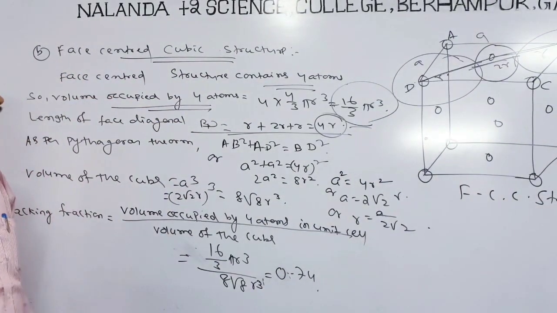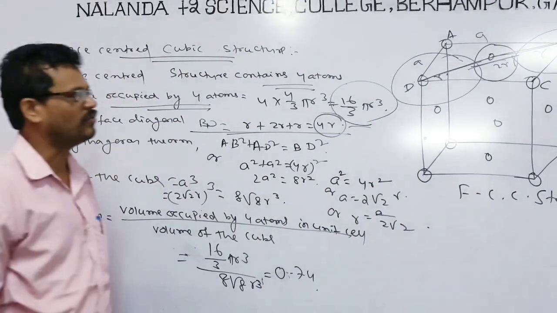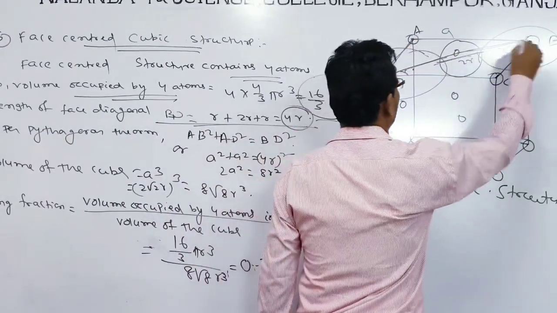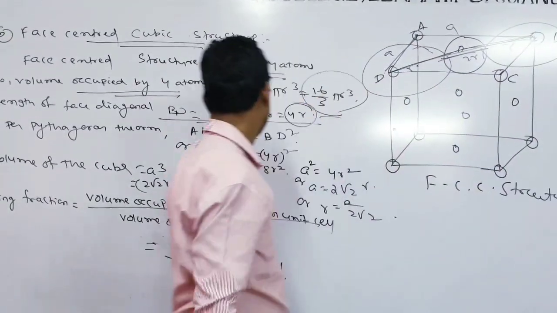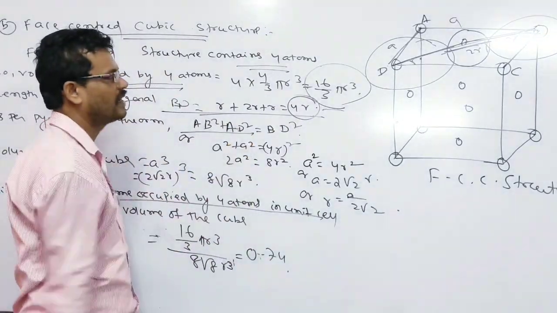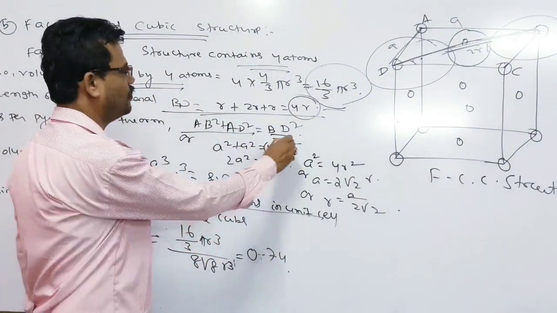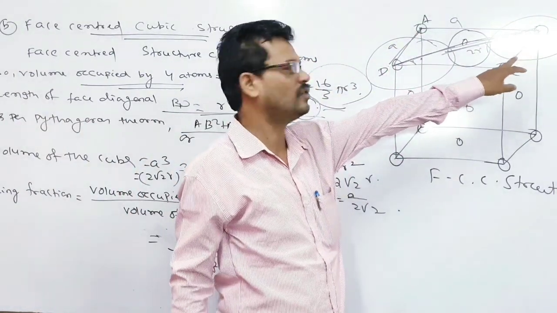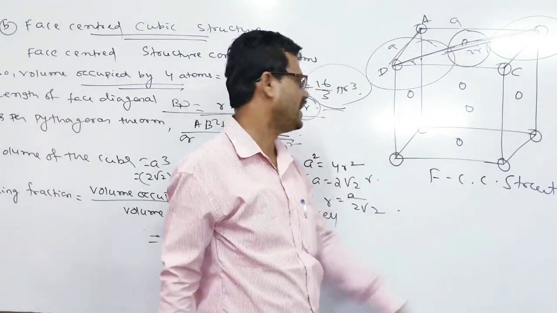Okay. So if it is 4r, according to the Pythagoras theorem, AB square plus AD square is equal to BD square. But AB is the edge length, and AD is also the edge length. So we can take a and a.